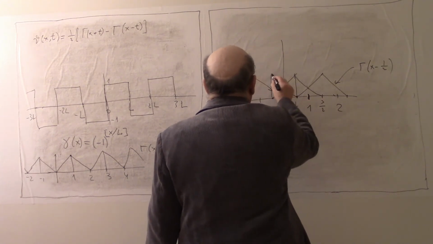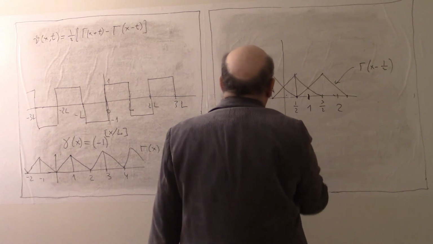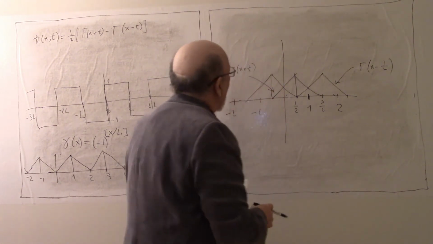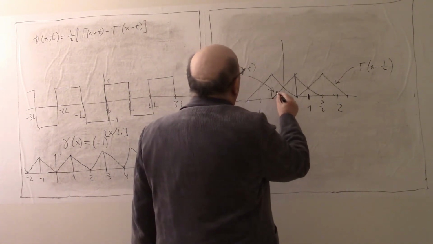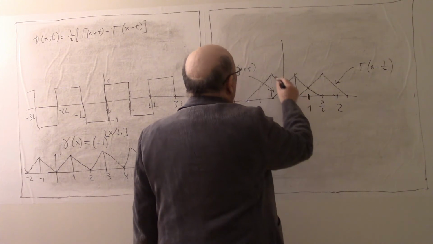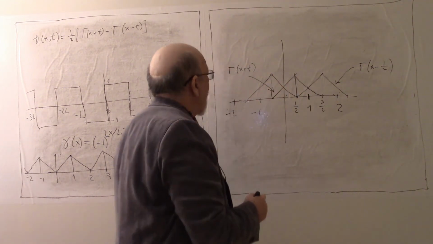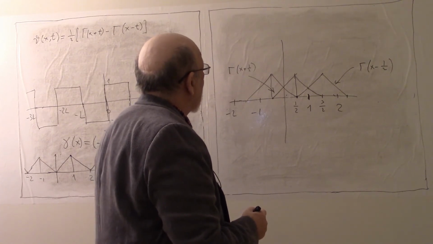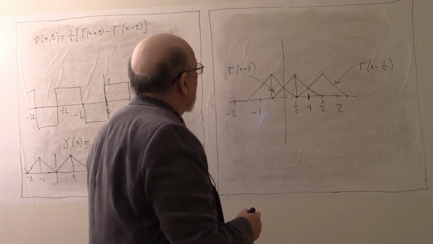Then it should go this way. So gamma of x plus 1/2 is this. This gamma of x minus 1/2, this is. It is here. Now we have to take the difference between these two functions.